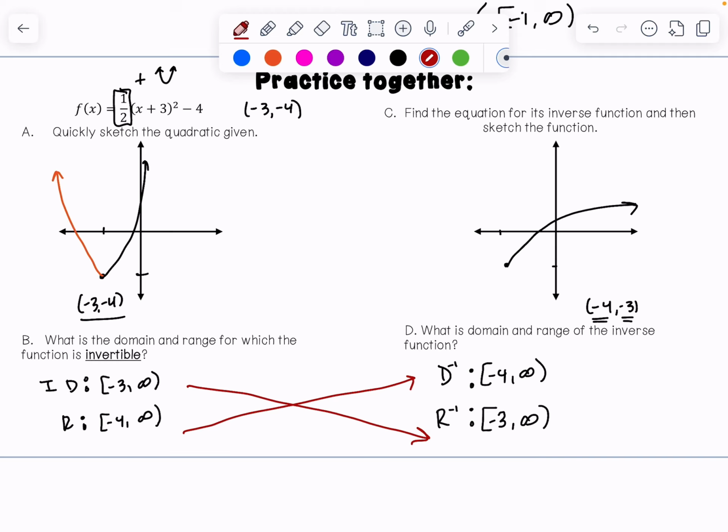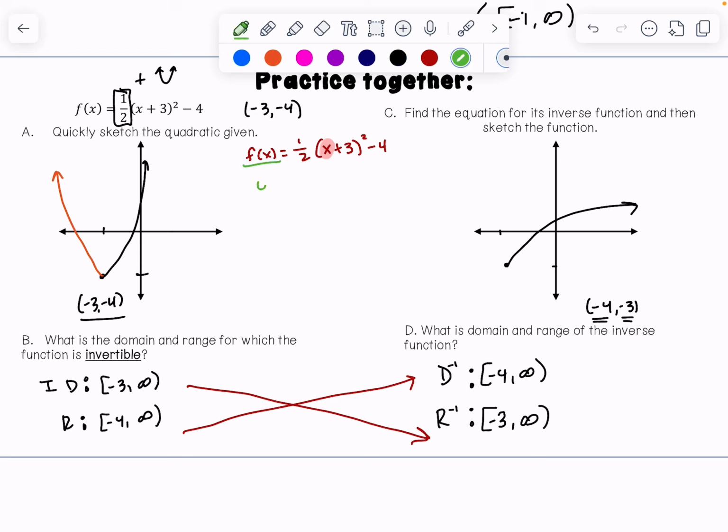Last but not least, let's go ahead and find the equation. So we had originally f of x equals 1/2 (x + 3)^2 - 4. We know that when we're finding the inverse, what we're really doing is isolating the other variable. We're making what was the input become the output. One of the first things I'm going to do in order to do this, I don't like doing it when it's f of x.